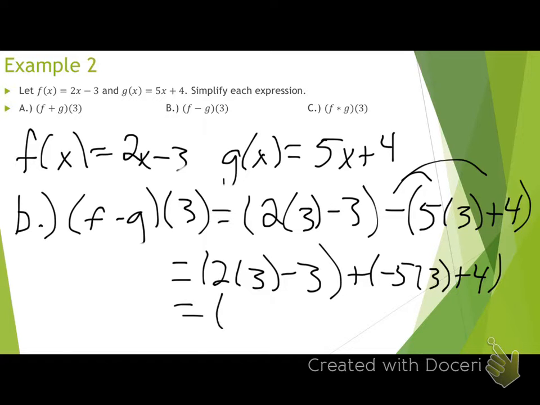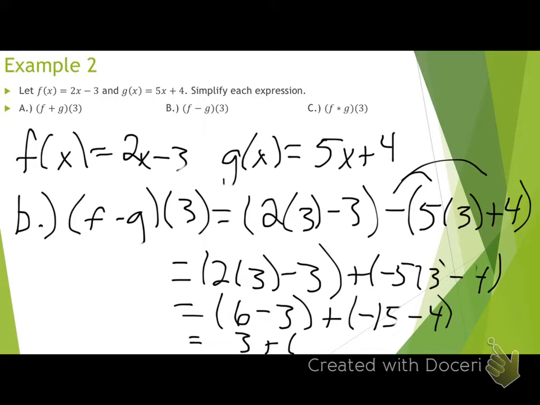So that'd become 6 minus 3 plus negative 15 minus 4. So you get 3 plus negative 19, which would also give me negative 16. That'll work.